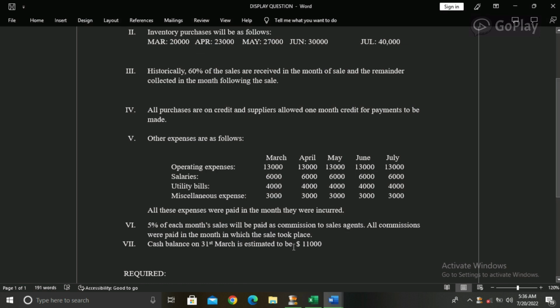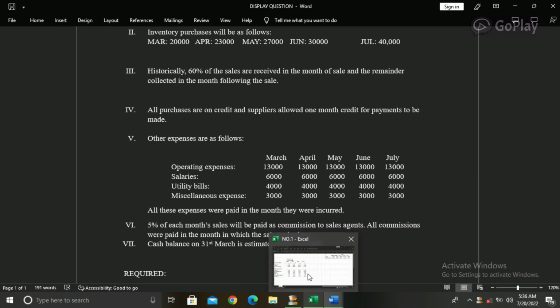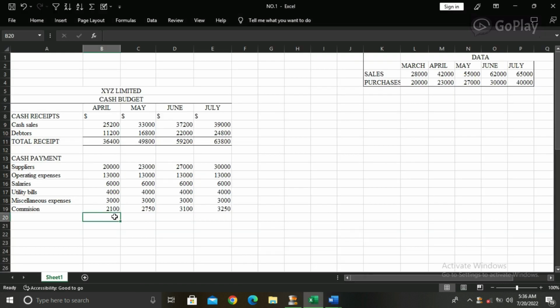Okay, it seems we are done with the cash payment because the next item is about the cash balance. So now, after we are done with the cash payment, we have to sum everything. So likewise, I'm going to use the Excel calculator to just sum it. You can use your scientific calculator to do the same thing.